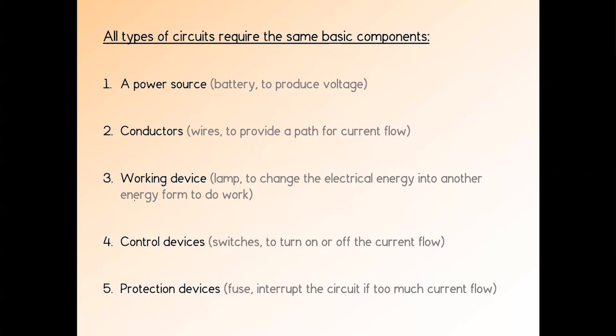You must have some working device like the electrical components, like lamp, etc. Okay, then control device, switches, then protection device, the fuse. Of course, at home, we have our circuit control board, right? So that one is also another safety function, protection function.